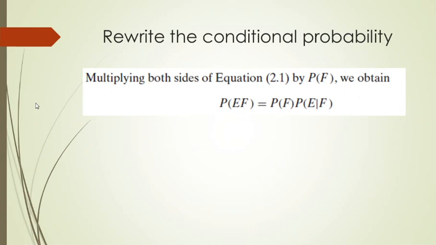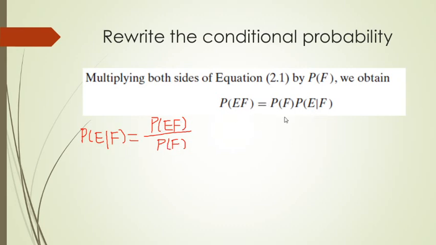Now for the conditional probability, we can rewrite it in this way. Multiply the probability of F on both sides. That is the conditional probability formula. If we multiply both sides by the probability of F, and we know that this one is positive, it cannot be 0.